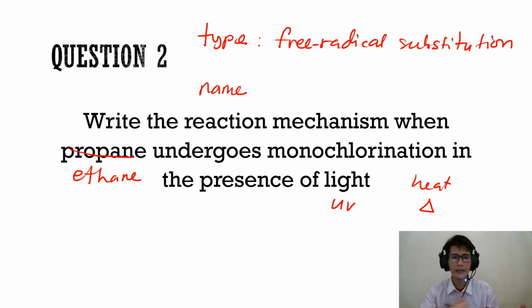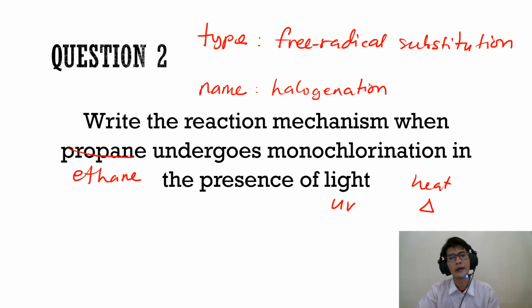Because in the mechanism, the free radical will form. And the type of reaction is substitution because we substitute the hydrogen with the halogen. The name of this reaction is halogenation.